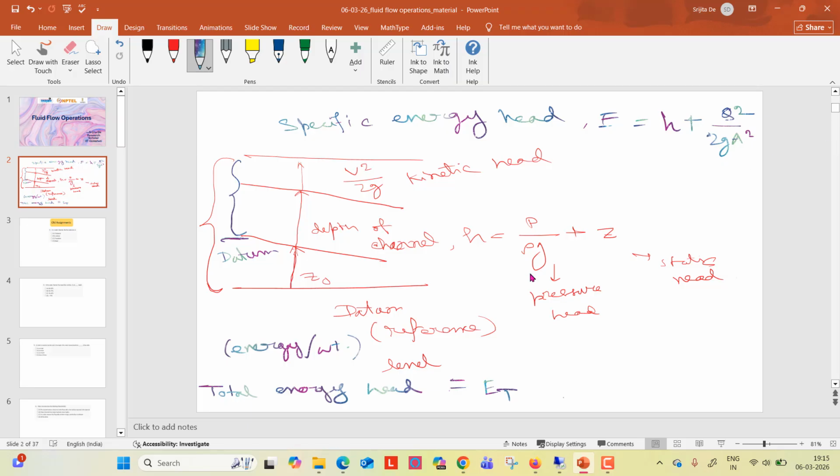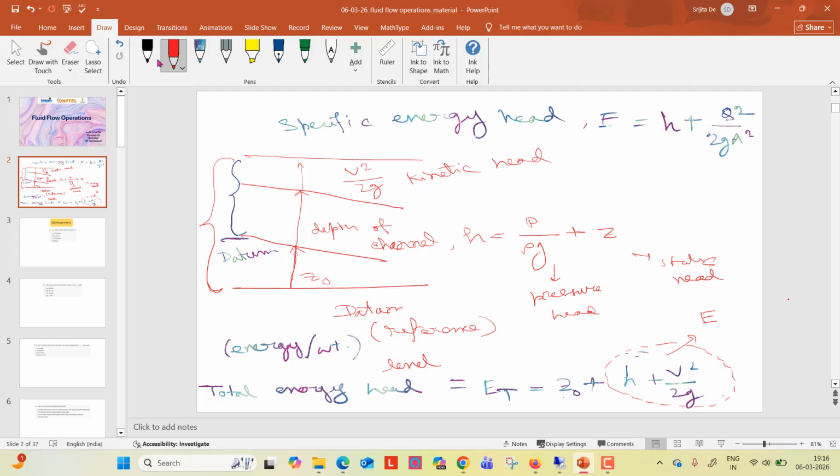First, the total head ET considers all these terms, Z0 plus H plus V square by 2g, and only this portion is your specific energy part, that is E.